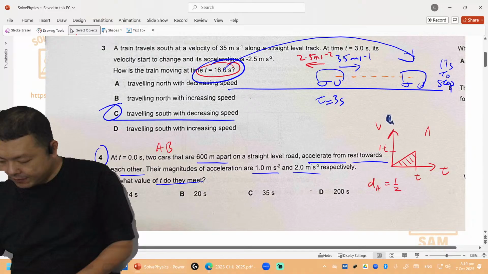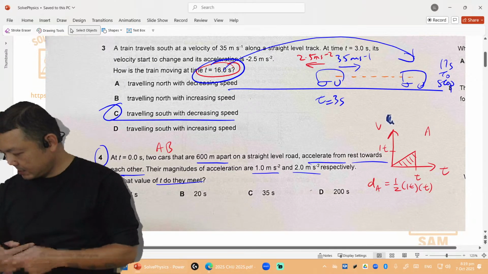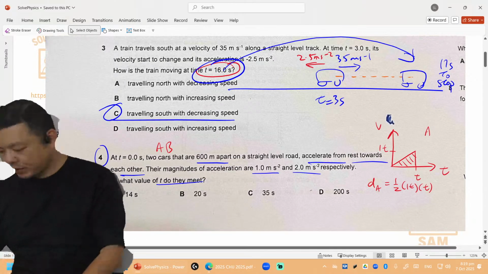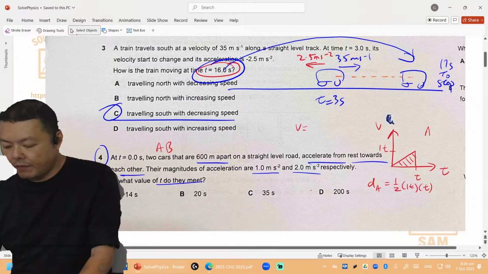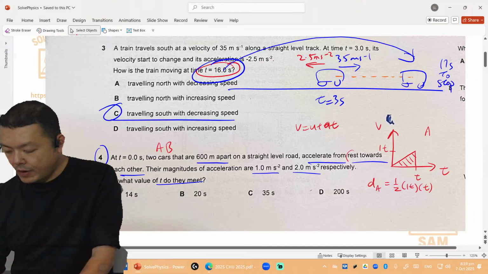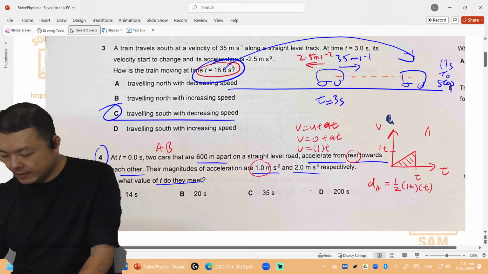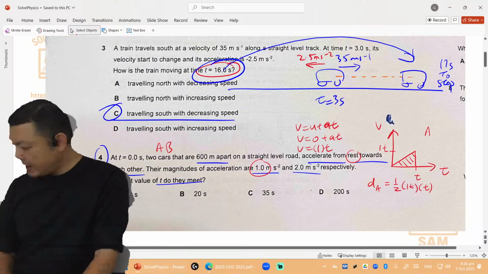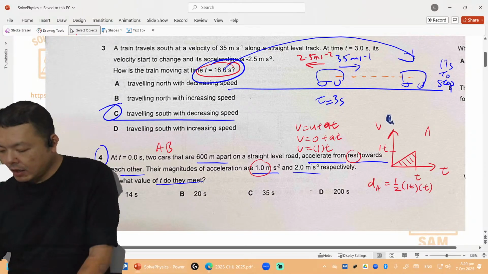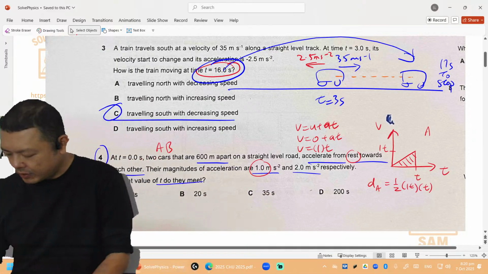Why is it 1t? v equals u plus at. They start from rest, so v equals 0 plus at. The acceleration of A is 1, so v equals 1t, no matter what t is. So the distance traveled by A is half times 1t times t. I'm just leaving it there.